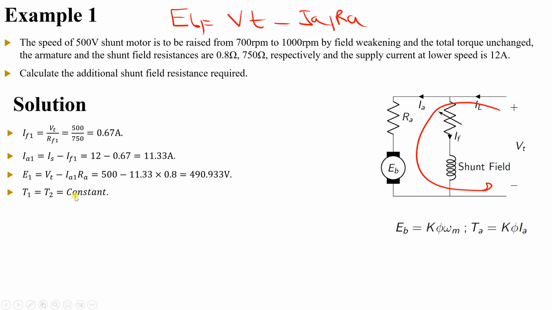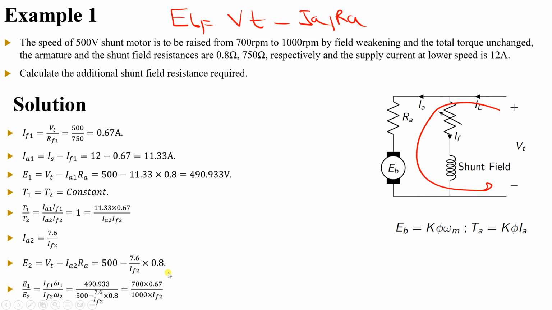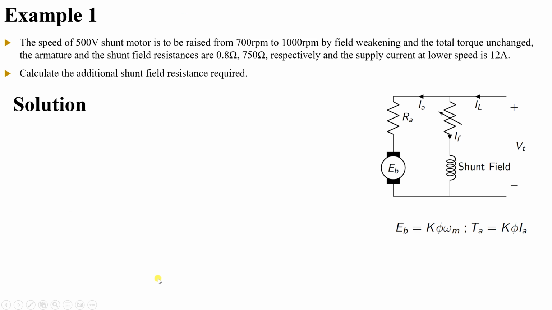E1 is equal to 490. E2 I just obtained a relation for. N1 over N2 is 700 over 1000, IF1 is 0.67, and IF2 is unknown. So we have one large equation with one unknown, IF2. By solving this equation, you will get IF2 equal to 0.465 amperes.